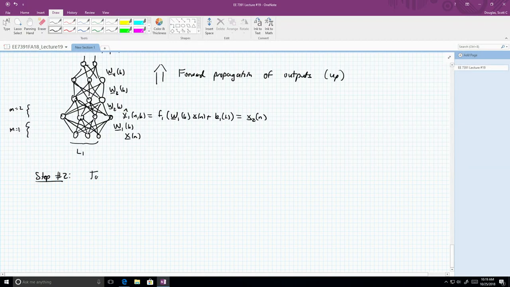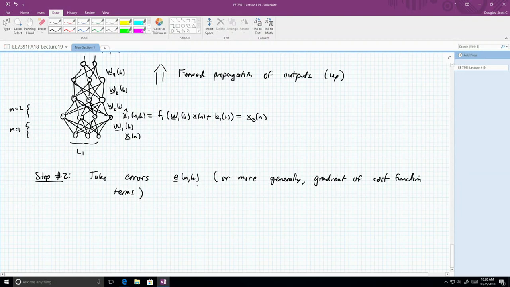is we're going to take errors, which are kind of E of nk, or more generally, gradient of cost function terms, right? Because it may not necessarily be errors. It happens to be in a lot of cases that we generate things which have errors. But if we have a cost function which is arbitrary, then it would be some sort of derivative with respect to that cost function.